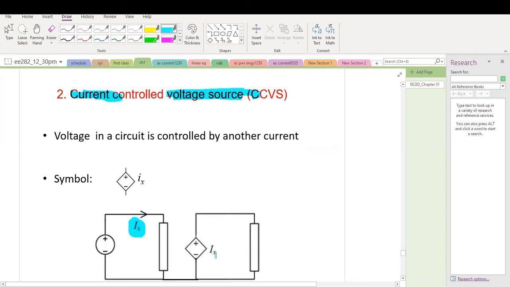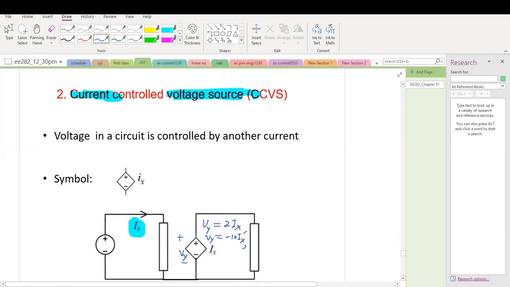The voltage equals Ix, but it doesn't have to equal Ix. For instance, I call this voltage here Vy. Vy can equal 2Ix. Vy can equal minus 10Ix. Just for instance, okay? It does not have to equal Ix here.